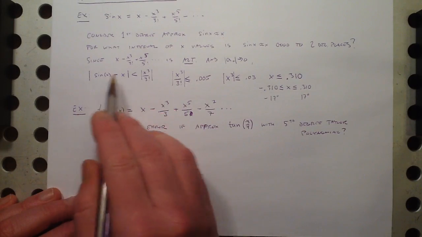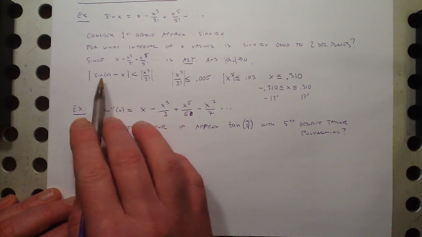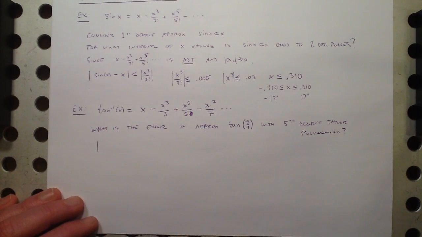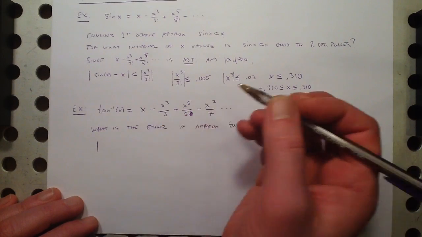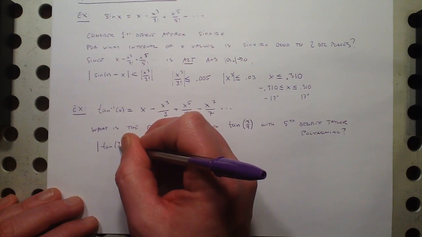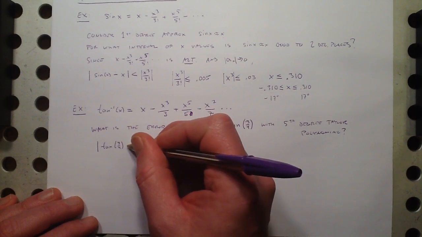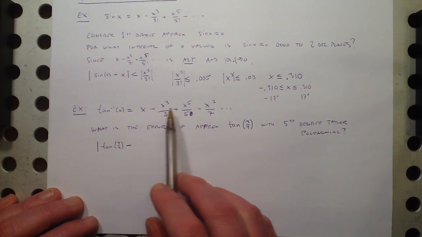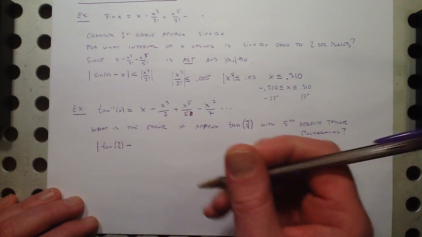I'm going to set it up like this again because it's a good idea to get familiar with writing things like this and understanding what this means. You could pause for a second and think about what that should look like. So the tangent inverse of 3/4, the thing we're actually looking for, minus the approximation we get when we plug 3/4 into this.